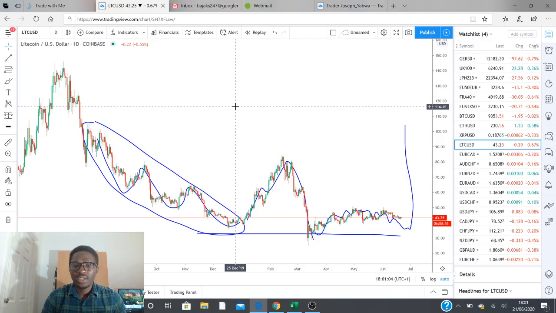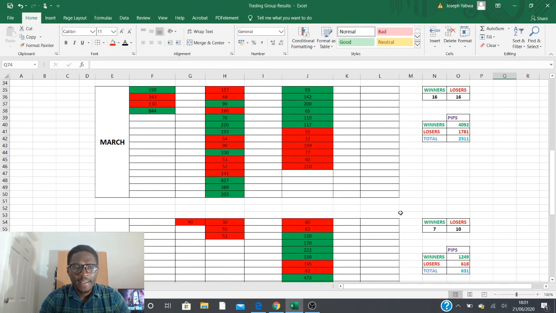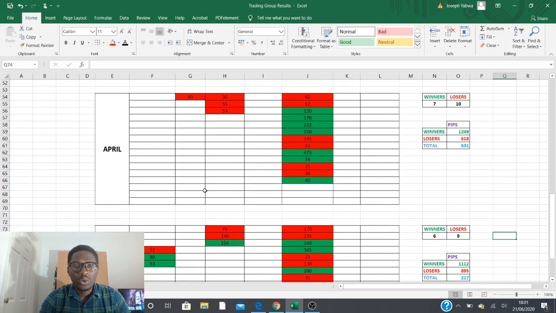So even if you're taking 100 trades and you have a winning ratio of 30%, you're still going to be profitable. That's exactly what we've been having with my WhatsApp trading members in the last couple of months, which I'll show you the results of here. In April, we've taken a lot fewer trades, but look at the winners and the losses. 7 wins, 10 losses.